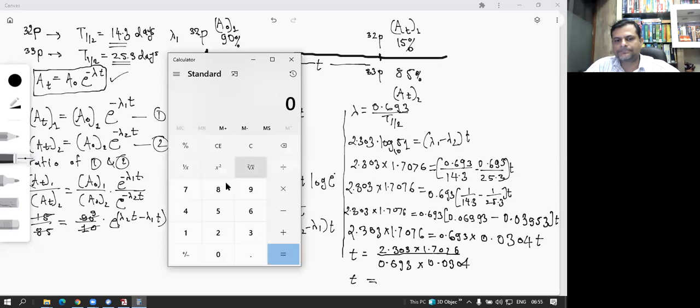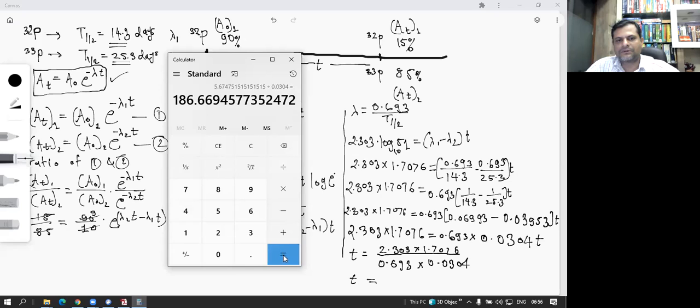See here, 2.303 multiplied by 1.7076 happens to be 3.9326. That is to be divided by 0.693, and that is to be again divided by 0.0304.